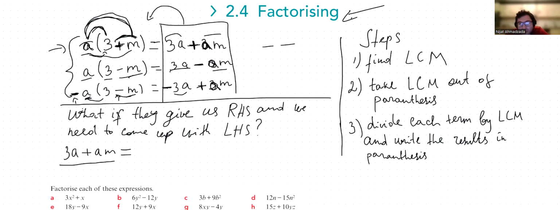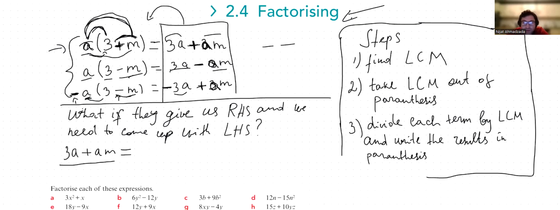As in any other video, we have the steps to find it out. So the steps are: first we have to find the LCM. Then we take the LCM out of the brackets. Then we divide each part by that LCM. It looks scary, but we'll work on the example together and you will see what's going on.